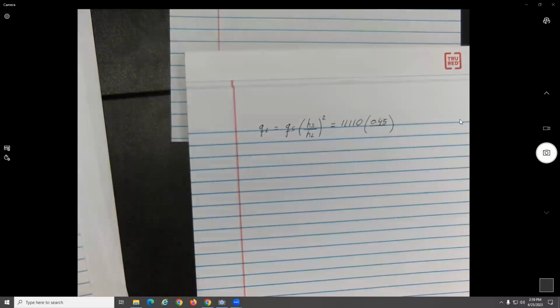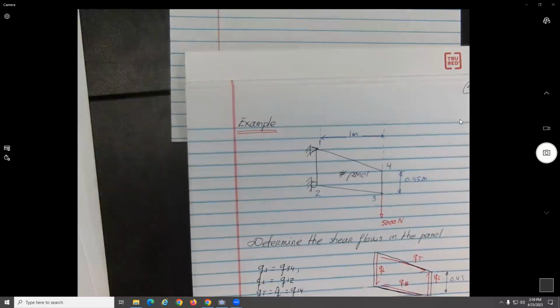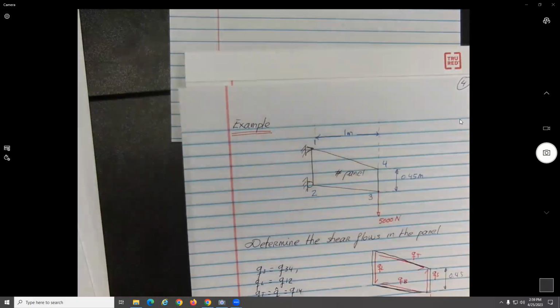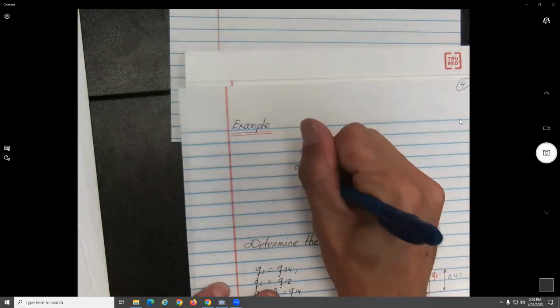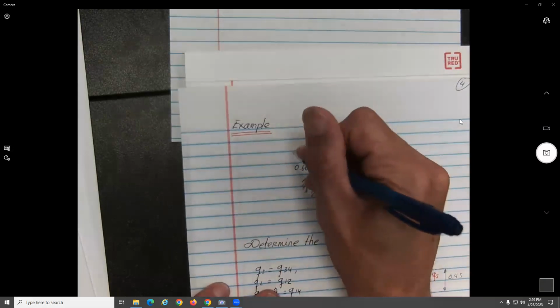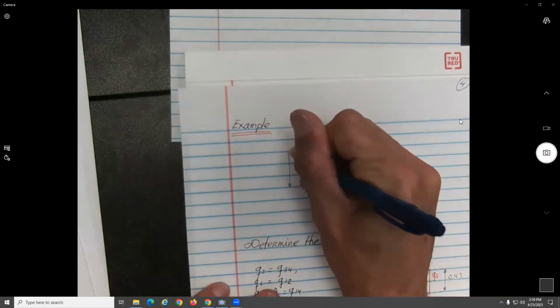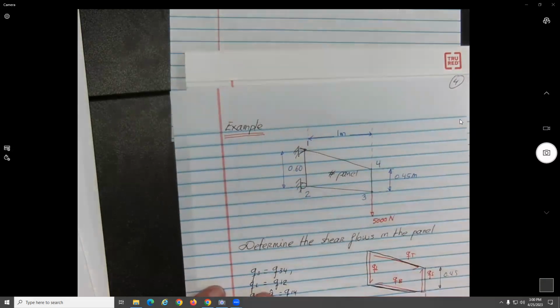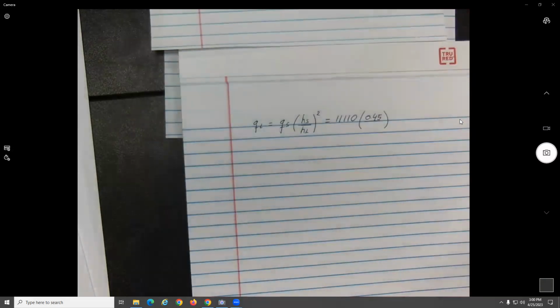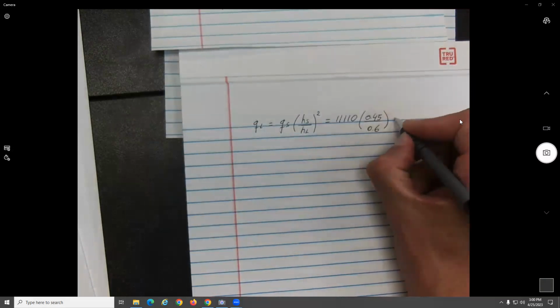That way we don't have to come up with these values here, but you don't have to do the calculations. Okay, so what value do you want to give for H long then? Okay, it's just for the example, 0.60. So we divide that by 0.6. What do we get?